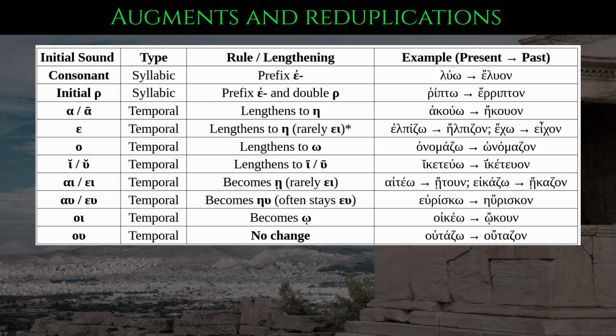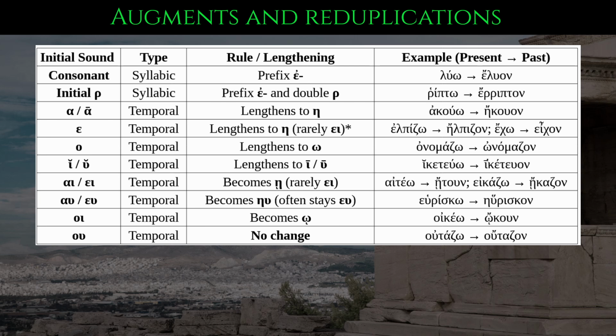Next we have omicron. This, you guessed it, simply lengthens to omega. For example, onomazo becomes onomazon. Next we have the iota and ypsilon, but pay attention. Those are the short versions, indicated here with the symbol on top.